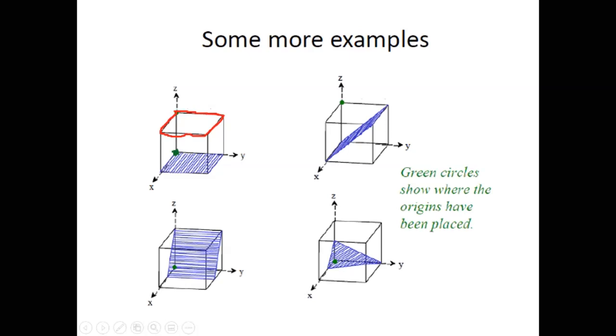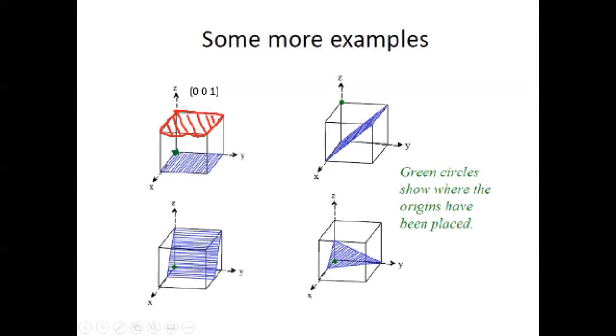If we shift it up one, you see it only crosses the z-axis. Since it only crosses the z-axis, that means the h and k, or the x and y, are 0, and the z is 1. So this becomes the 0, 0, 1 reflection plane, because again, it only crosses the z-axis once we shifted it up.